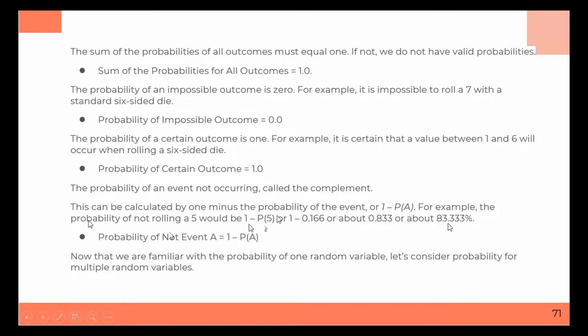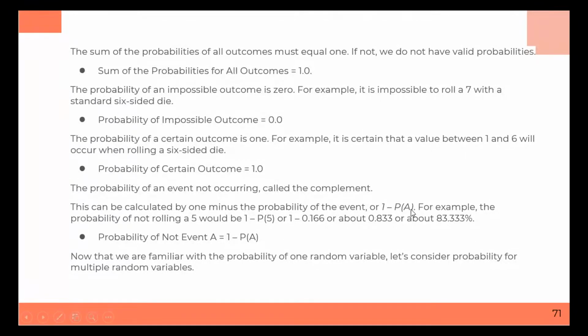I will not be getting a 5. How is it possible that I will not get 5? Rolling means the die rolls.